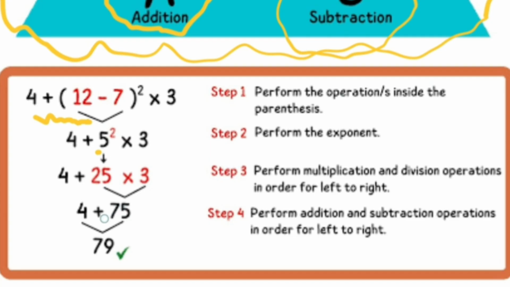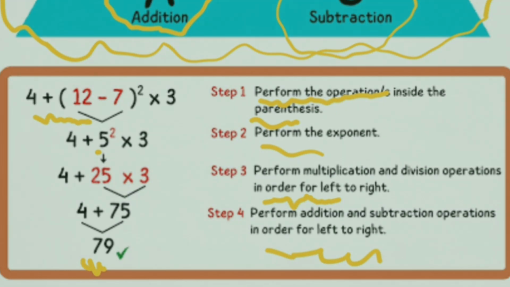And 75, at last, is added to 4 to get the final answer, 79. So this is the way to do all math operations. Once you understand this, everything is going to be easy, and you will get every single exam question right.